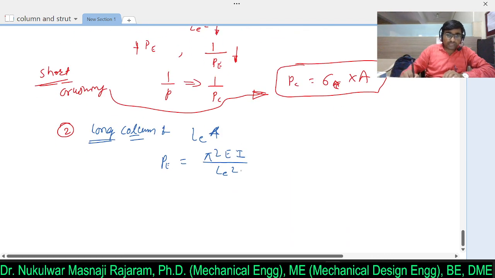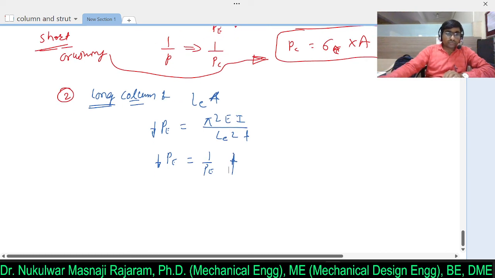If this L square is very large, then this value will be very less, and if this value is very less, then 1 upon PE will be very high. Clear? So for a long column, the crushing force or crushing load we neglect. Clear? That's why 1 upon P will be equal to 1 upon PE.